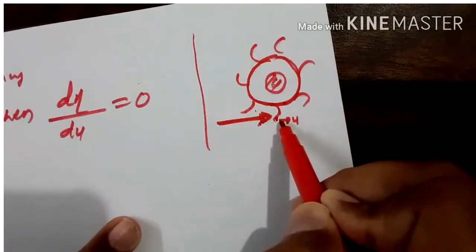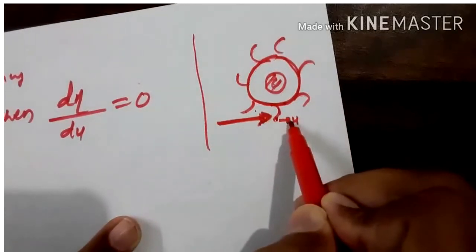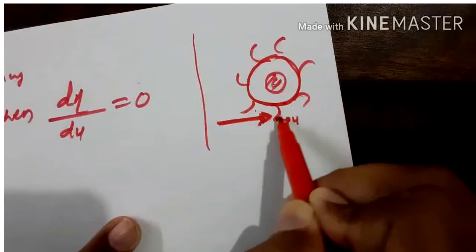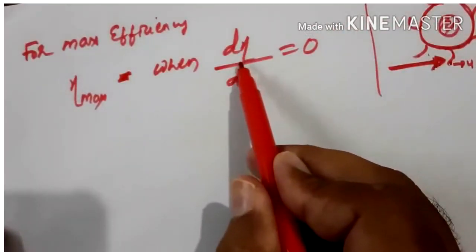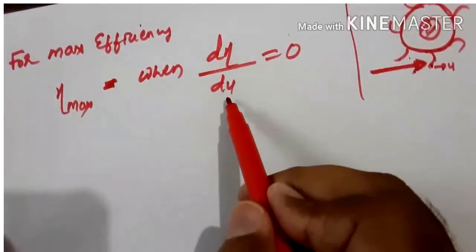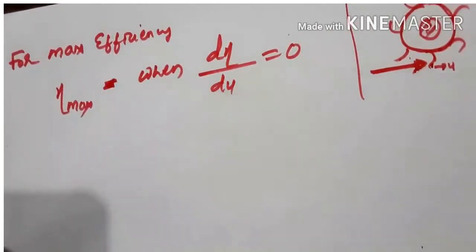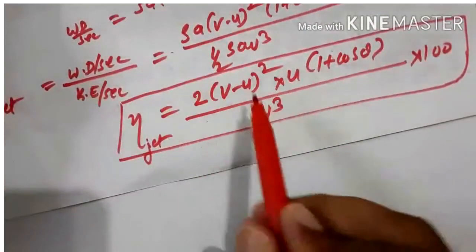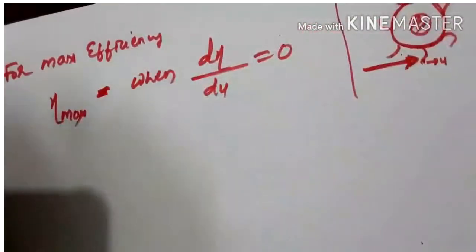Okay, then the efficiency of the turbine, it depends upon what? The velocity of the vane. Okay, so here the efficiency of the jet, it depends upon what? The velocity of the plate. If we differentiate this equation with respect to the vane velocity, then we get the maximum efficiency.